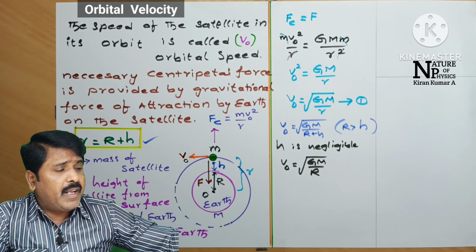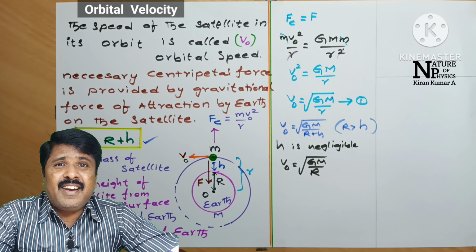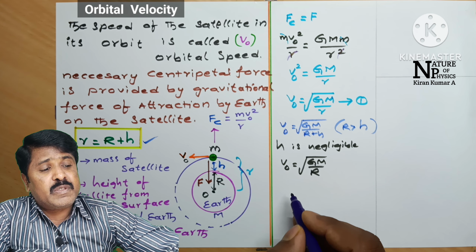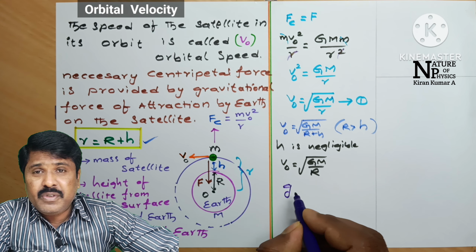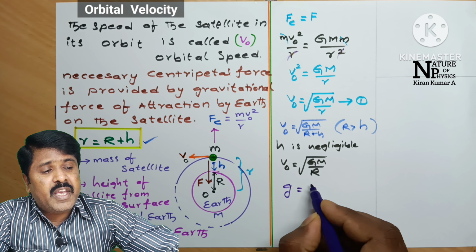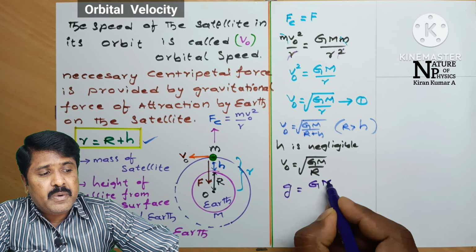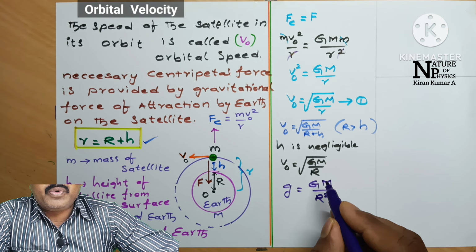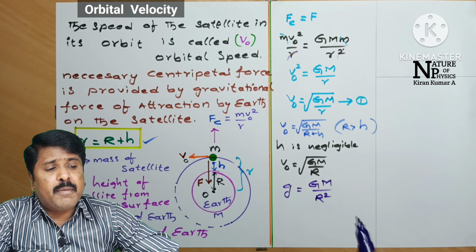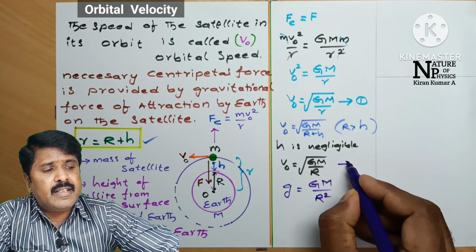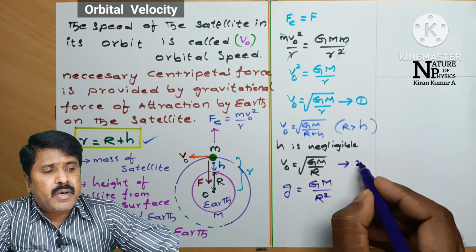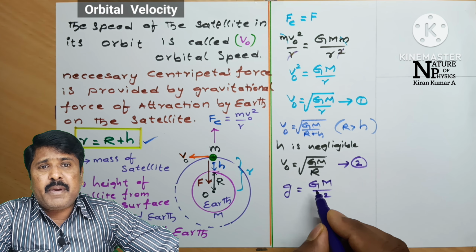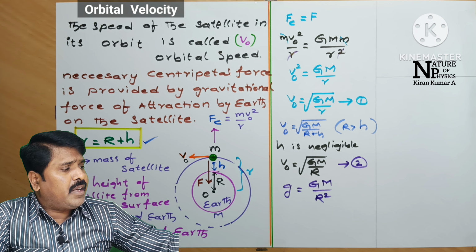We also know one relation between small g and capital G. Small g, the acceleration due to gravity, is equal to G capital M divided by R square. There is a possibility to get that relation in the above equation. This is equation number 2. In this equation, I multiply and divide by R in the next step.